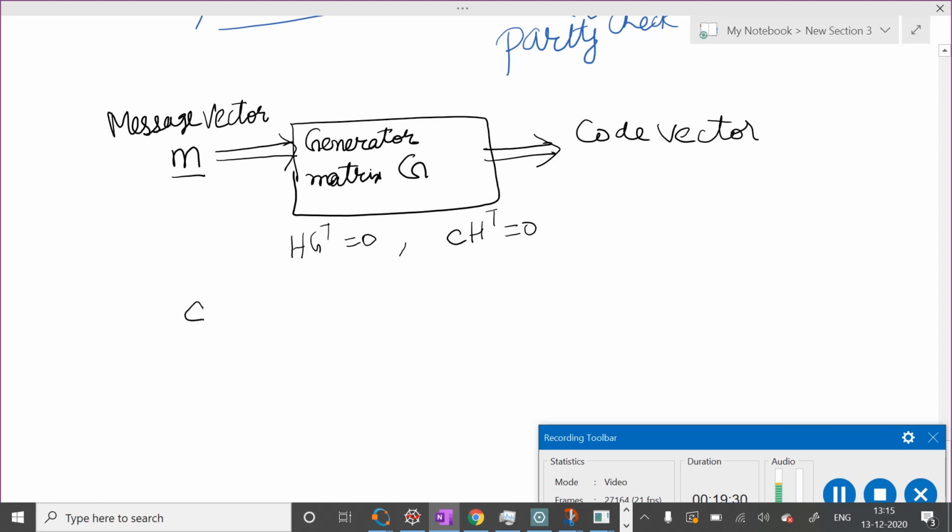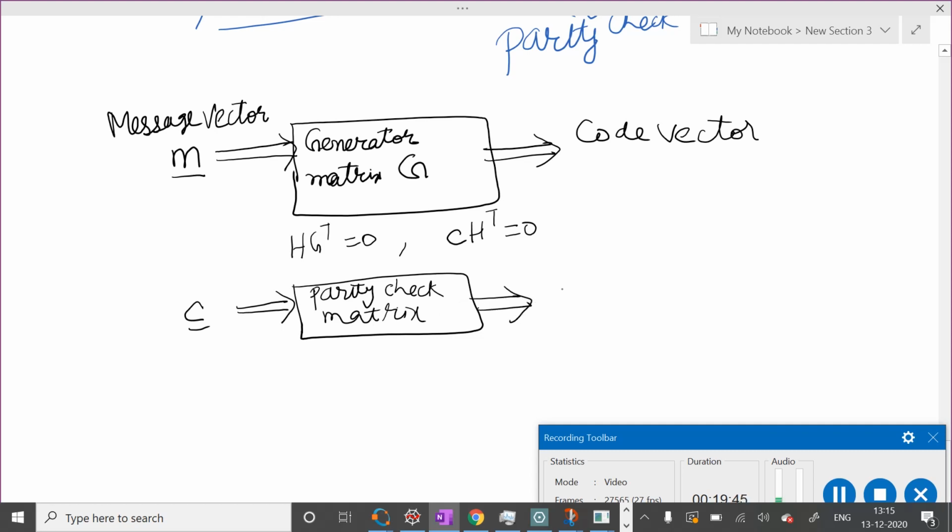So you can write here code word bit. Here is the parity check matrix, and you get here a null vector, right? Nice.